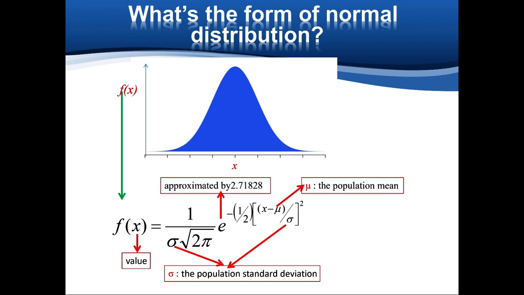And e is a constant approximately equal to 2.71828. Later, I will show you how to use the z-table to calculate the probability, the area under the curve.